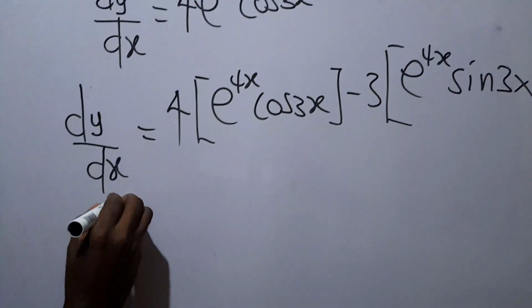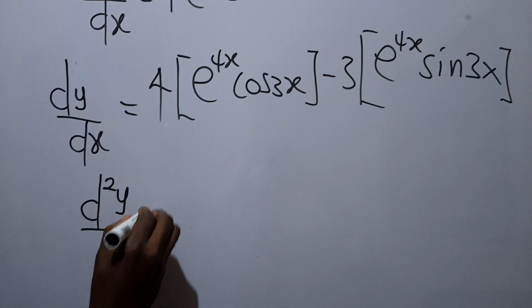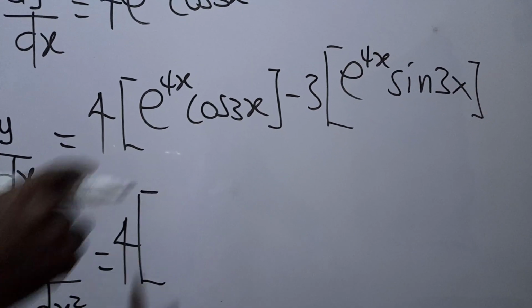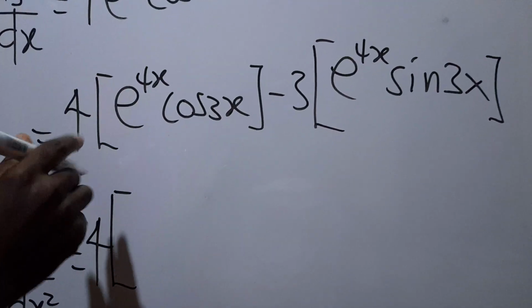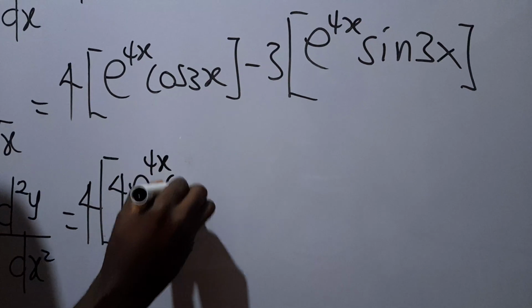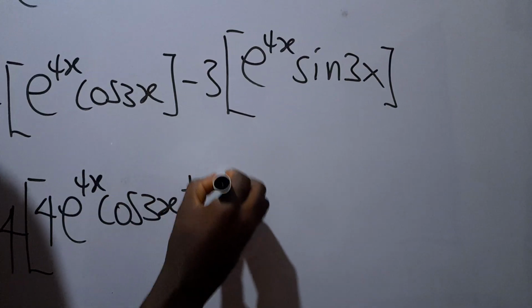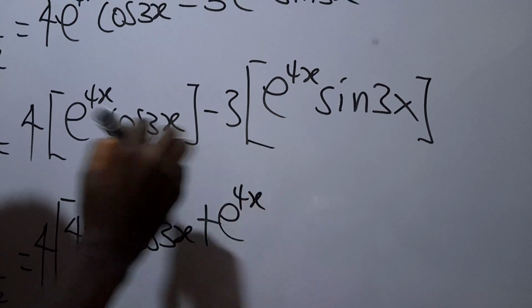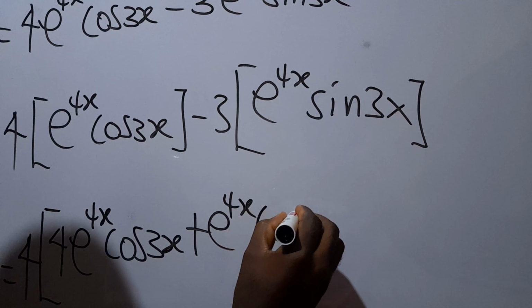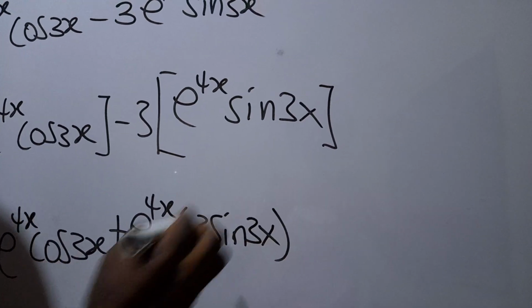So our d square y over dx square will be equal to 4 bracket. So we keep our cos 3x and differentiate e exponent 4x. We get 4 e exponent 4x cos 3x plus, now keep our e exponent 4x and differentiate cos 3x. We get negative 3 sin 3x.